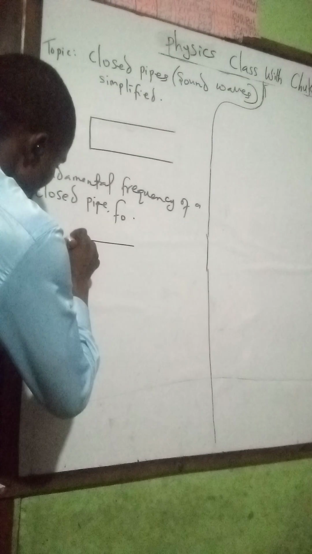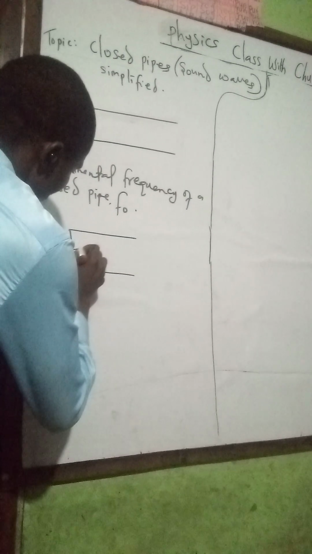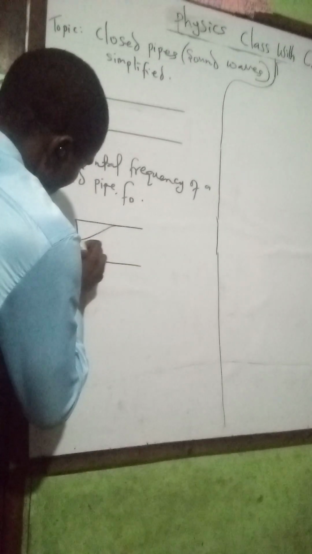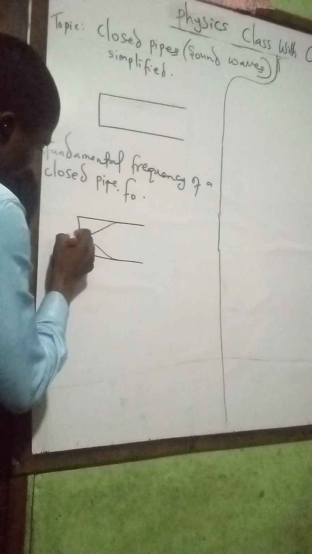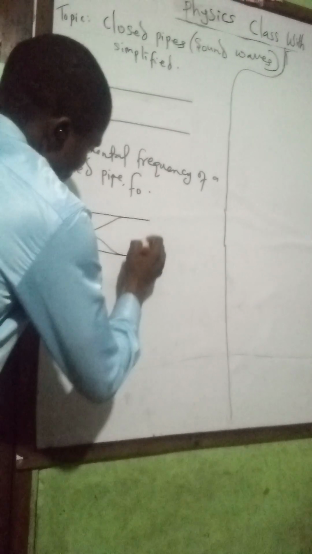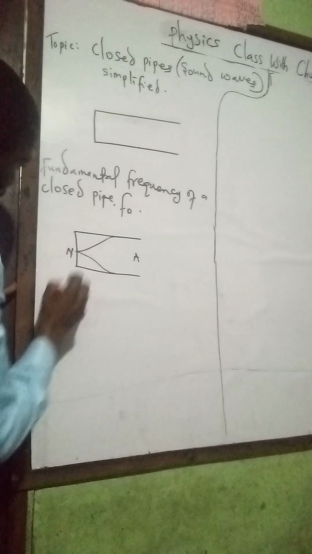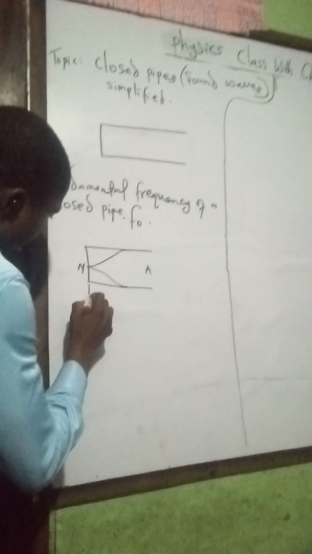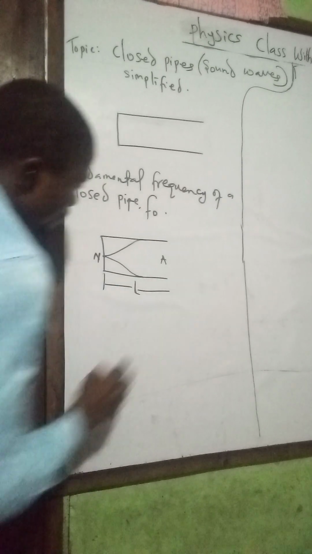This is a pipe. Now, this point is called node. This is called antinode. Right? Now, from here to here is the length of the pipe.